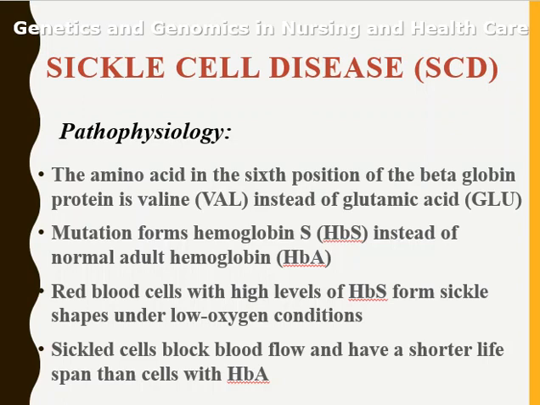That sickling blocks blood flow because the cells clump together and are stickier, causing ischemia distal to the point of the blockage. These red blood cells also have a shorter lifespan than cells with normal hemoglobin, like 12 to 18 days instead of the normal 120-day lifespan of a red blood cell.